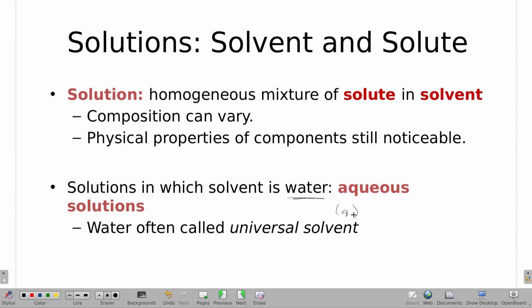Now, something else we're going to add to this terminology is when we're talking about a solution, we're going to point out that the solution should be homogeneous. That basically just means it looks the same throughout. Gatorade's a good example of this. Once you've actually mixed up the powder and water, it looks uniform throughout, and it's going to be that way until we actually do something crazy and try to separate those two.